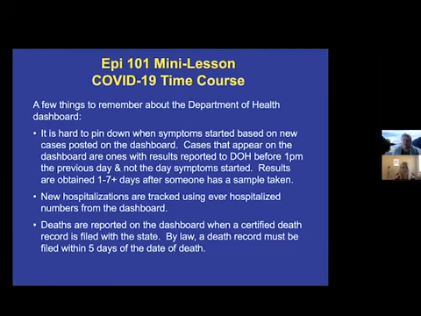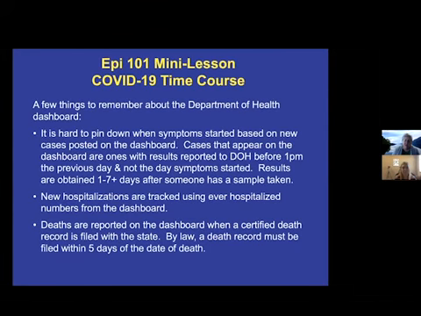Those cases that appear on the dashboard are ones with results reported to the Department of Health before 1 p.m. the previous day, and not the day the symptoms started. And the results are obtained anywhere from 1 to sometimes more than 7 days after someone has had a sample taken. So in a way, it's hard to do those previous projections that I just did because there's so much variability when this data is actually posted to the dashboard.